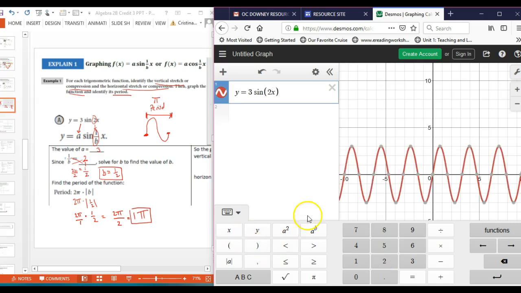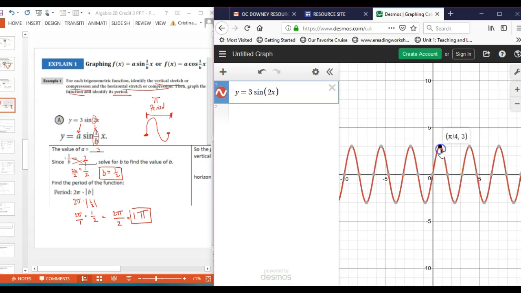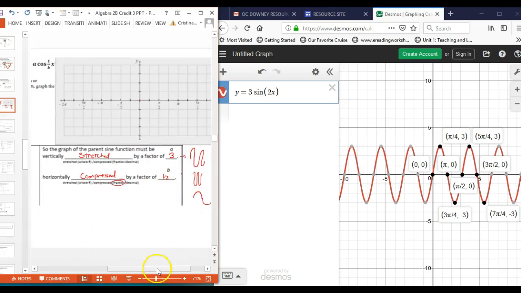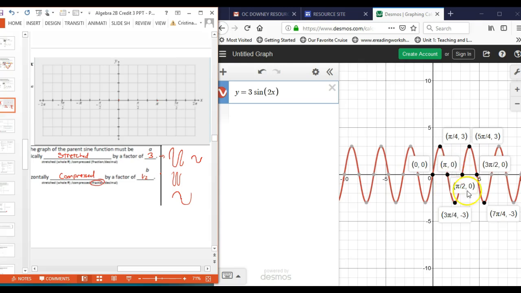Okay. Oh, and there are my points, which is kind of nice. In fact, I really like that without even doing a table, guys. Look at this. Without even doing a table, it's already giving me values that I need, so I can plot my points on my graph here. What graph? This graph. So take some time if you want to record these points.